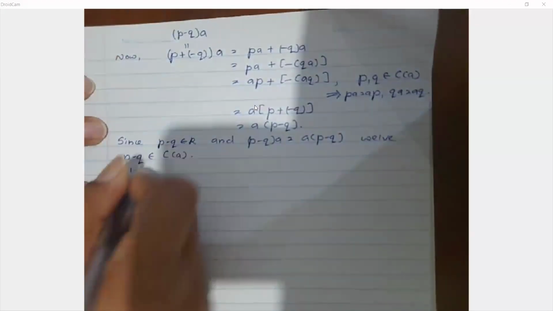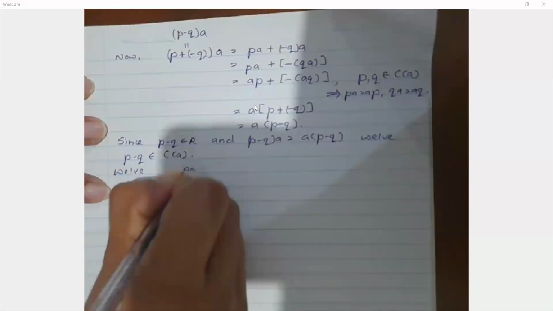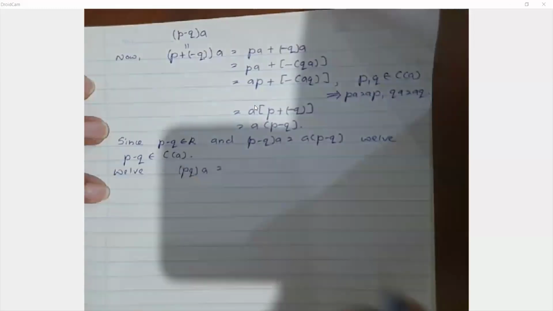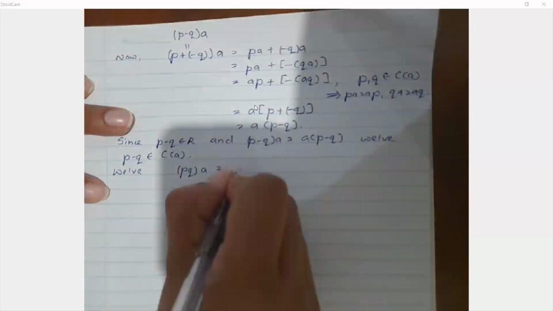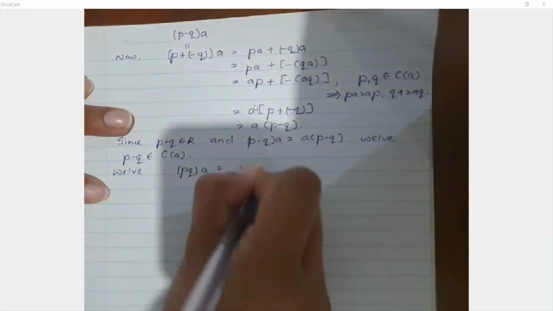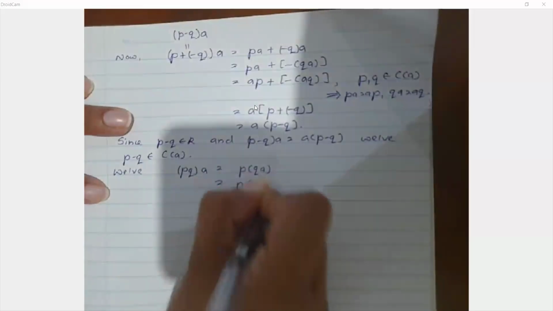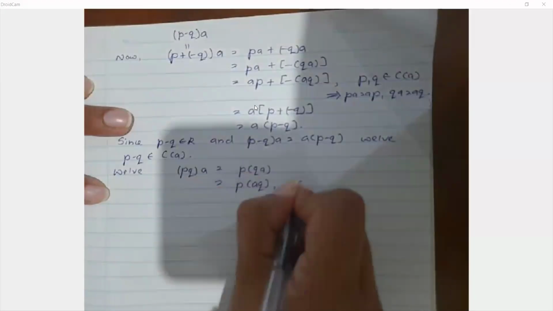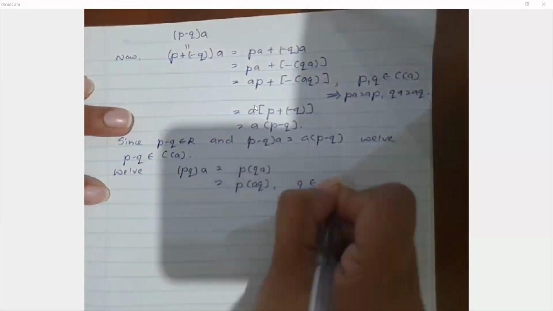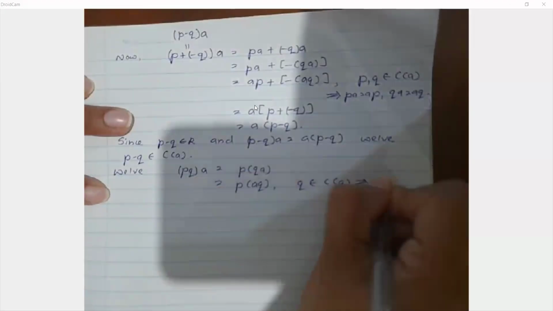On the other hand, when it comes to multiplication, PQ times A is equal to, using the associative property, P times QA. This is equal to P times AQ. Why is that? Q belongs in C of A. This implies that QA is equal to AQ.